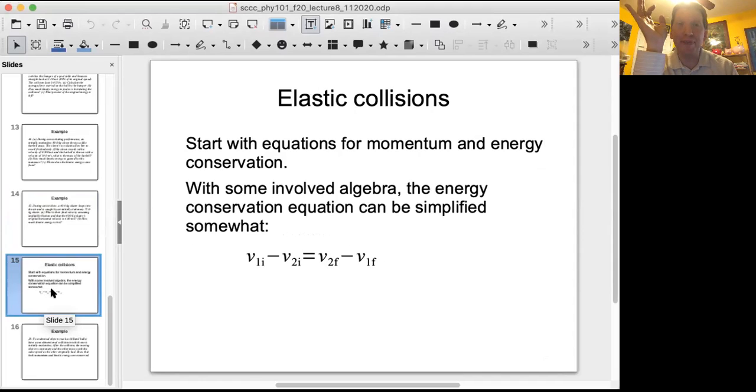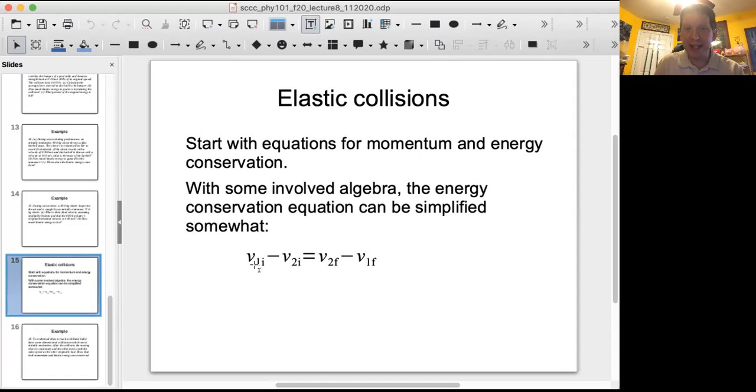In elastic collisions, you typically have 2 equations with 2 unknowns. Remember, with perfectly inelastic collisions, you typically only have 1 unknown. In elastic collisions, you get 2 equations because momentum is conserved and because kinetic energy is conserved. And so the equation for kinetic energy conservation, if momentum is also conserved, can be simplified.